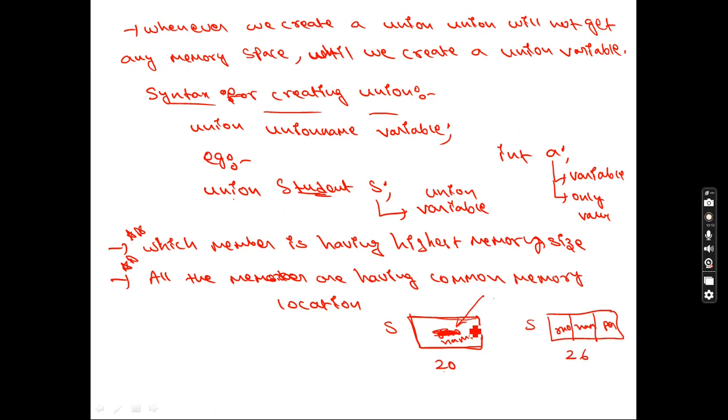If you store roll number, after that if you store the name, the roll number will be erased. After that, if you store one more roll number, name will be erased. So it means the same 20 bytes of memory location will be used by roll number and name, but not at the same time, one after the other. That is the difference you need to remember.